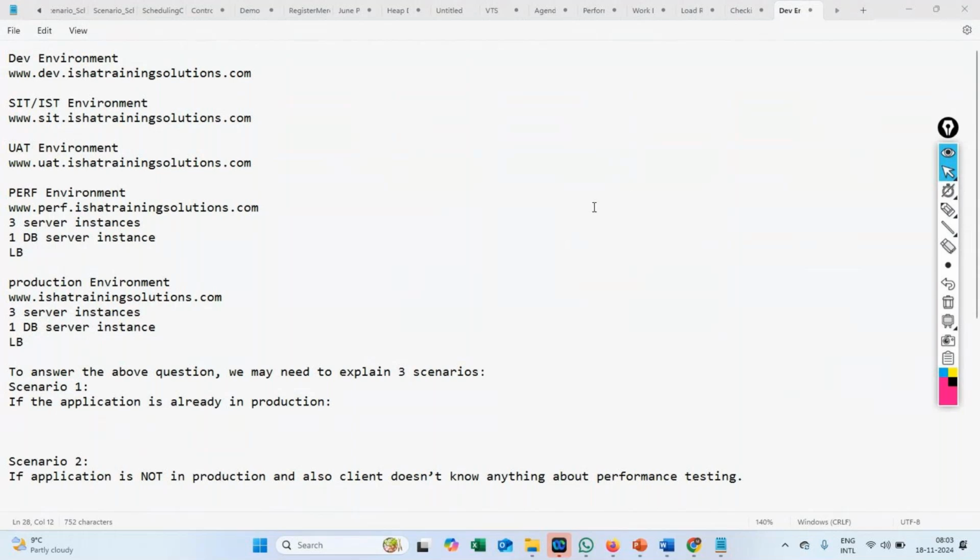In the previous session, we discussed non-functional requirements gathering, some interview questions, and how the data will be captured if the client doesn't know anything about performance testing. So far, we covered some important concepts.